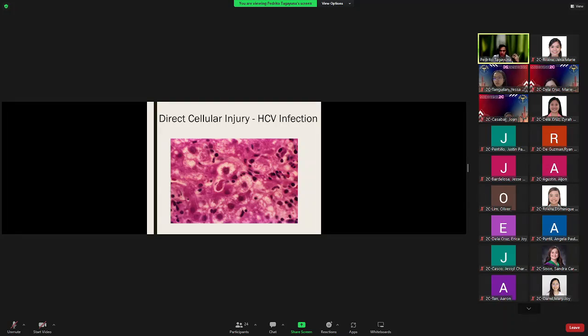When the cell membranes are disrupted, the intracellular contents will leak out to the interstitial space and eventually rejoin the circulation. Once in the circulation, they can be measured. So enzymes which are present in the hepatocyte can reach the blood circulation and can be elevated in cases where there is direct cellular injury. We'll talk about those enzymes in a little while.